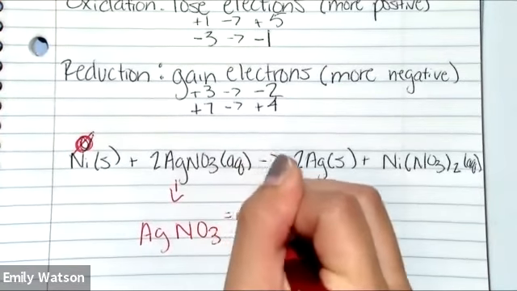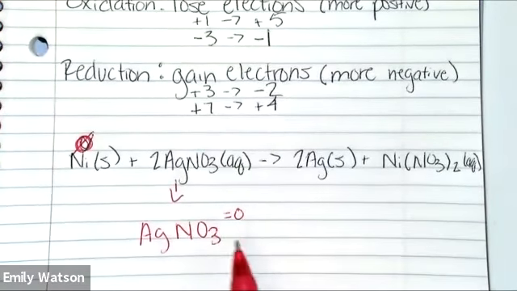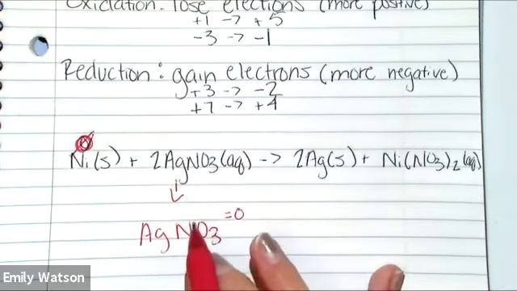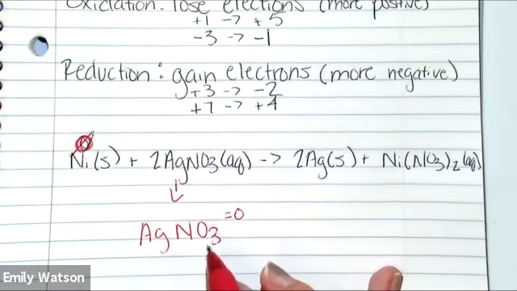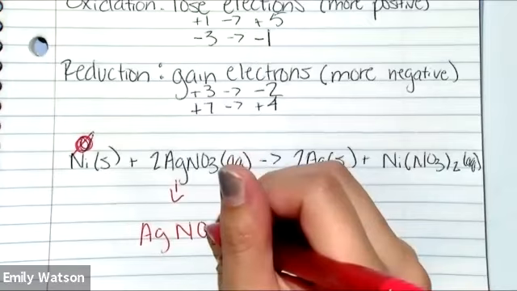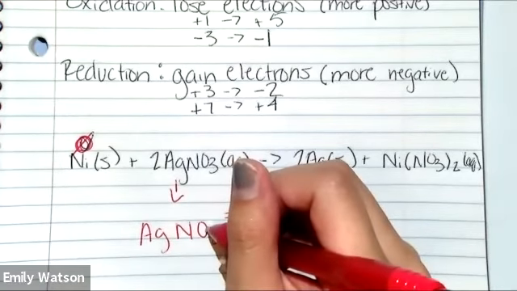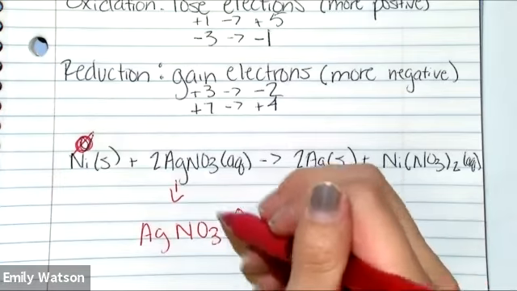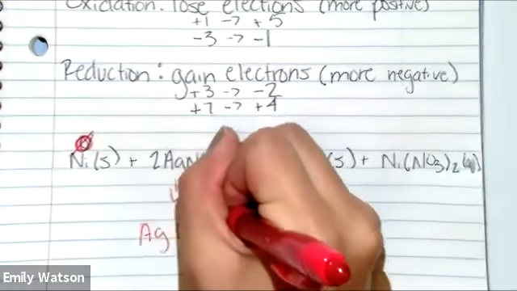This all has to equal a charge of 0. This is a neutral compound, right? There's no charge there. So we're just going to go ahead and start with oxygen. Does that work with you guys? So oxygen, what's the oxidation number for oxygen? 2 minus times 3, so we're going to get -6.